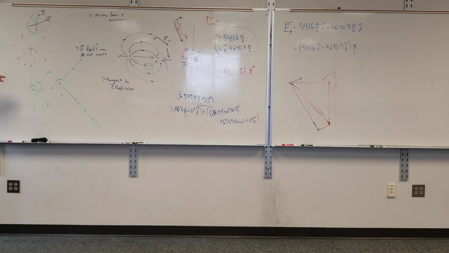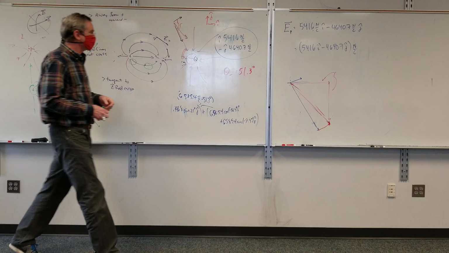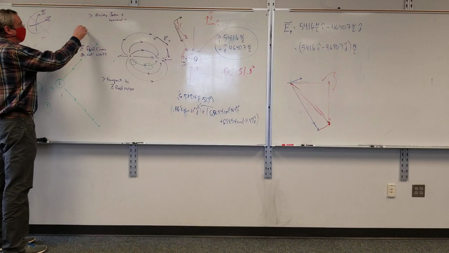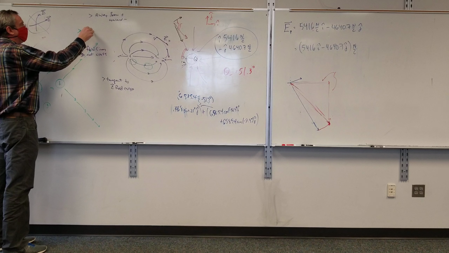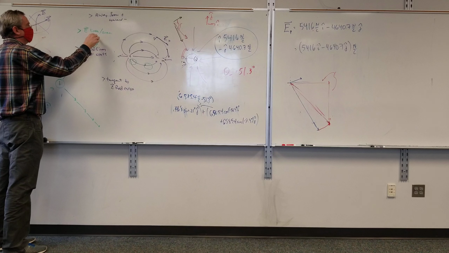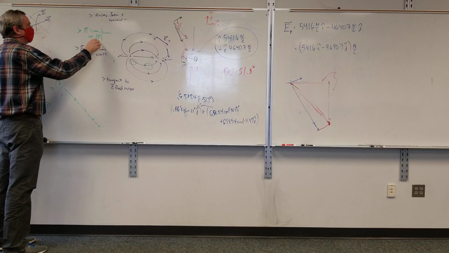This is not to mean that if I only draw 4 lines, then it's the same electric field no matter what. No matter how many lines I draw, the higher concentration of lines in a circle means a larger electric field strength. And so that would be another bit here. Electric field lines per area is proportional to the electric field strength.